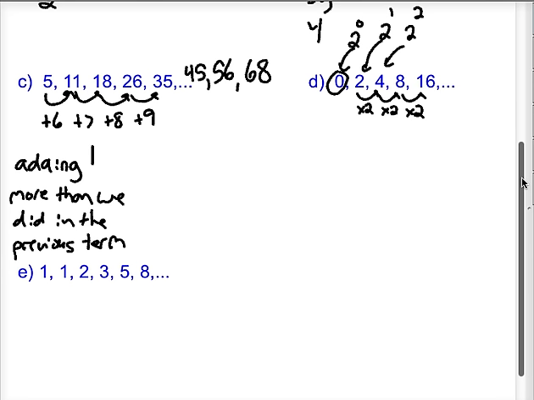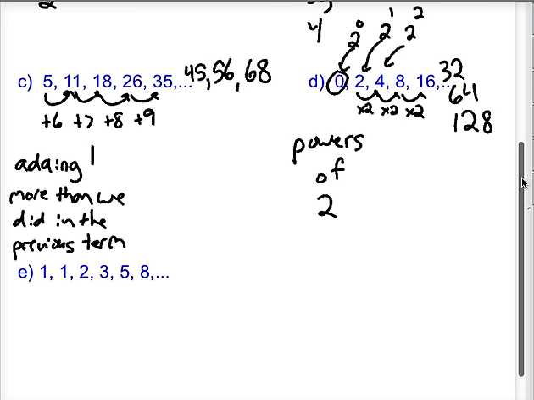So our pattern here, we don't want to say multiplying by 2 because that's not really the case. It's powers of 2. That is how we make this pattern. So we need 2 to the 5th is 32, 2 to the 6th, 64, 2 to the 7th, 128.